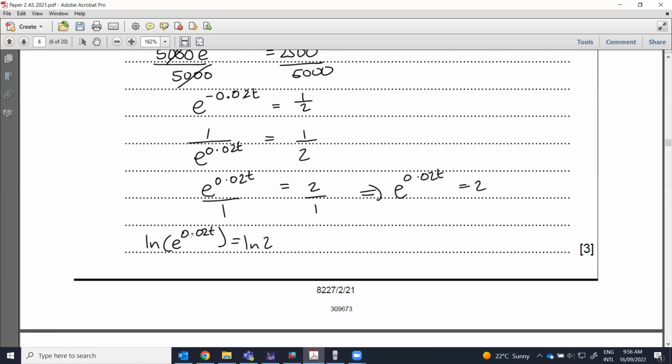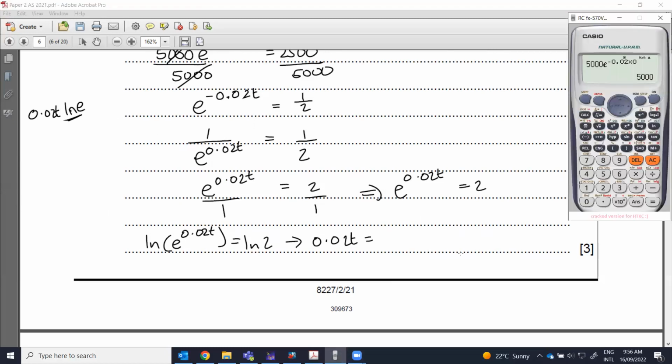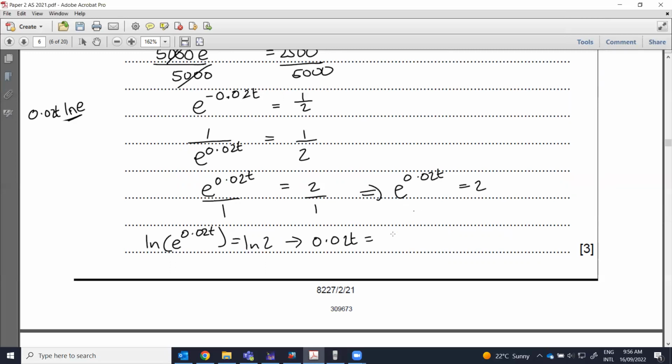And this 0.02t will come down from our laws of exponents. So we have 0.02t, this is ln of e, so we'll have 0.02t ln of e. And ln of e, you can see from our calculator, is equal to 1. Okay, so that's why I didn't write it. It's equal to 1. So this is ln of 2.